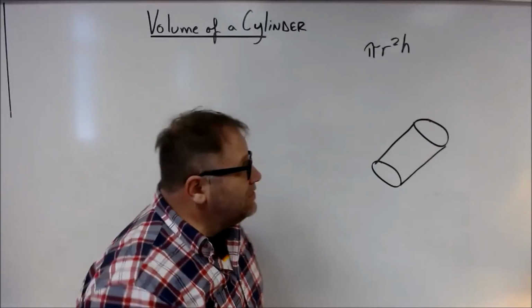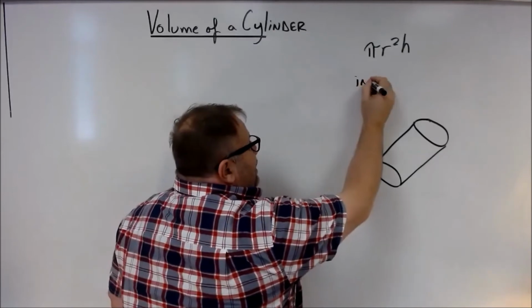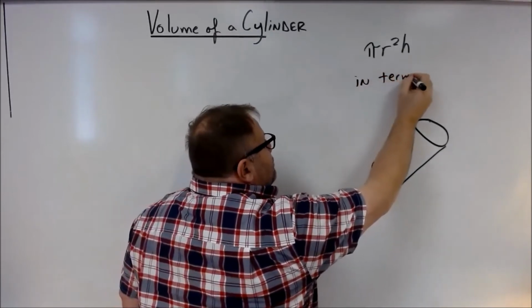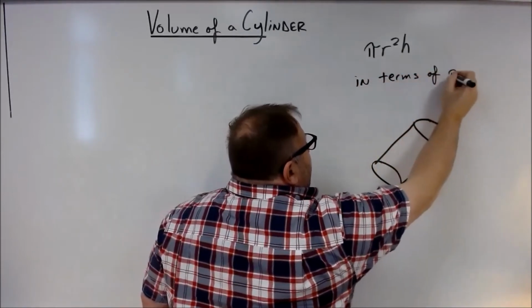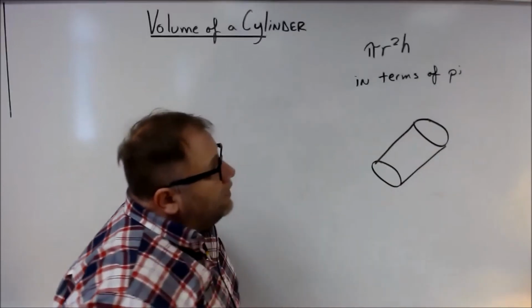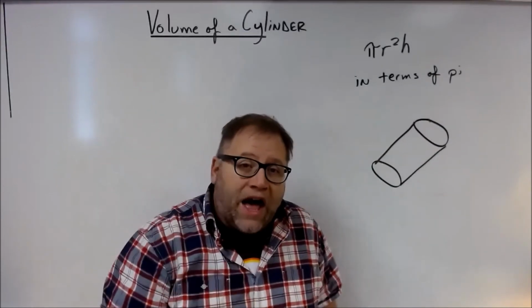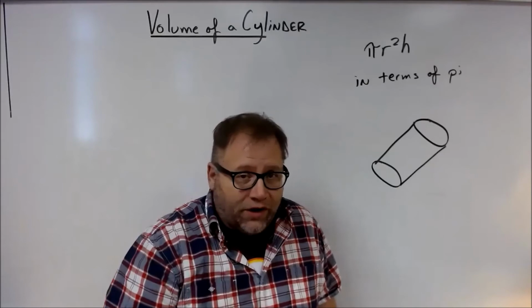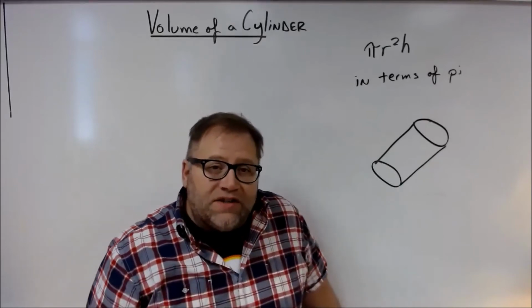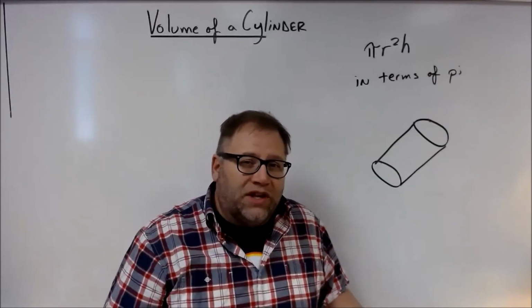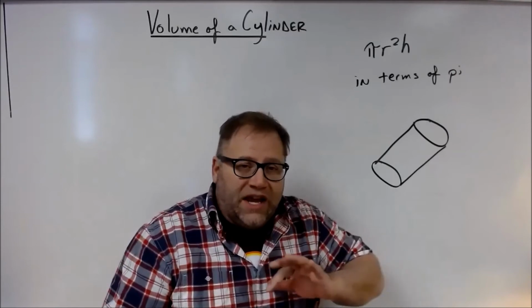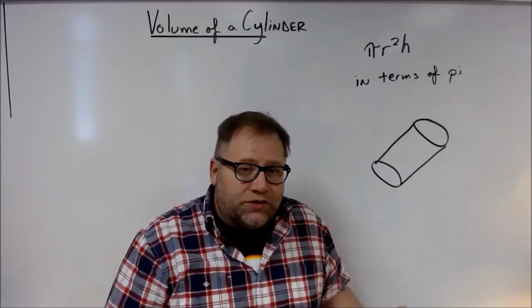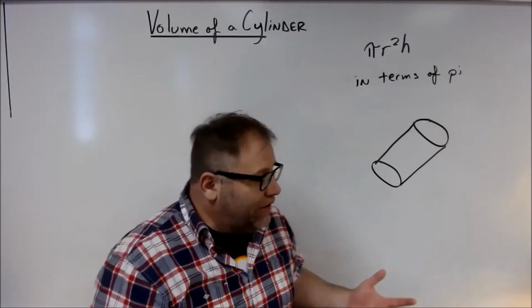This time we're going to solve this in terms of pi. So let me write this here, in terms of pi. In this then, we're going to have pi in our answer, the actual symbol in our answer. And what that does is it gives a really easy comparison with things, and then there's no mistake on what value somebody might have used for pi in terms of doing a calculation.